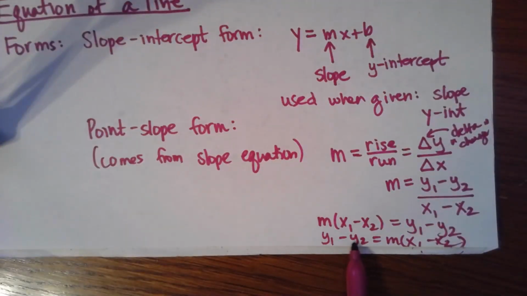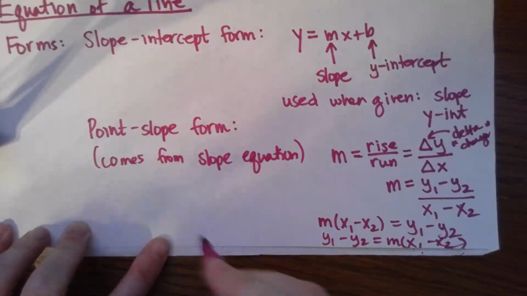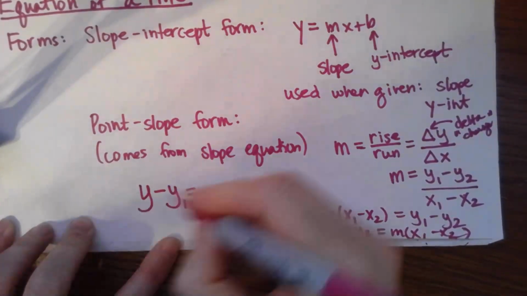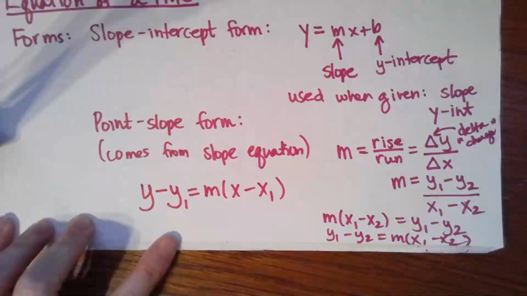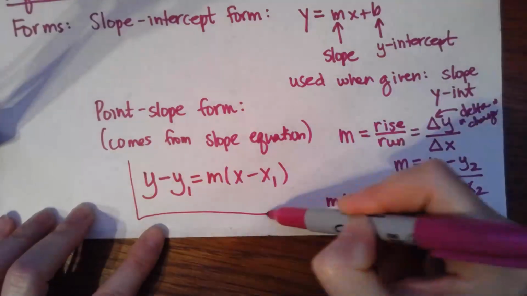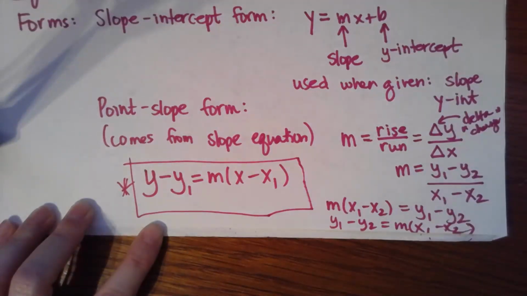And that's usually how we think of the point slope form of a line. Usually we say y minus y1 equals m times x minus x1. I'm running out of room, but we usually write it as y minus y1 equals m times x minus x1. So that's what we'll use. But it came from the slope equation.